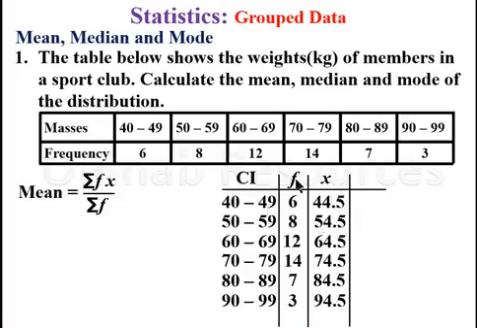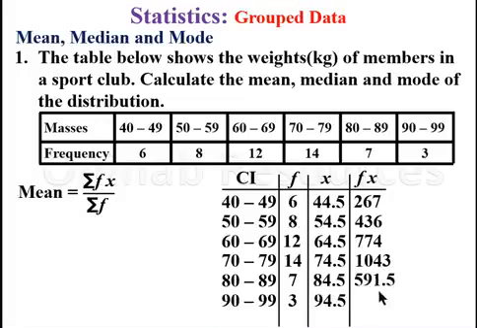So now we have the column fx. 6 times 44.5, we have 267. 8 times 54.5 gives 436. 64.5 times 12 gives 774. 74.5 times 14 gives 1043. 7 times 84.5 gives 591.5, and finally 3 times 94.5 gives 283.5.